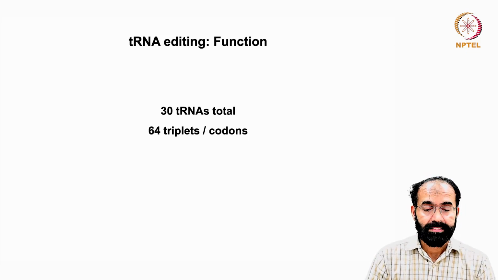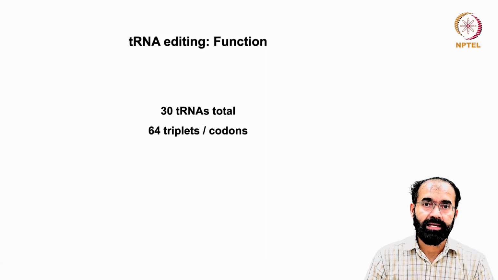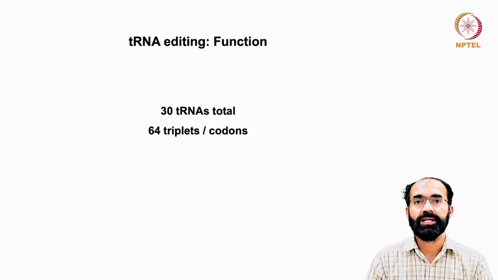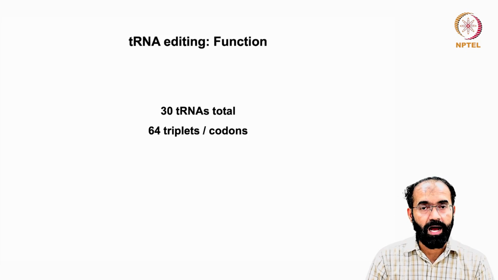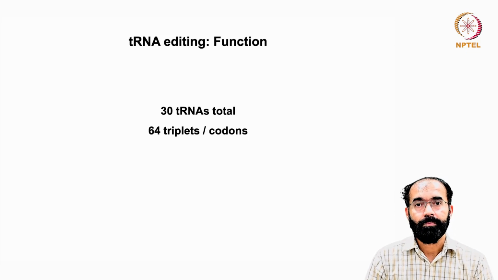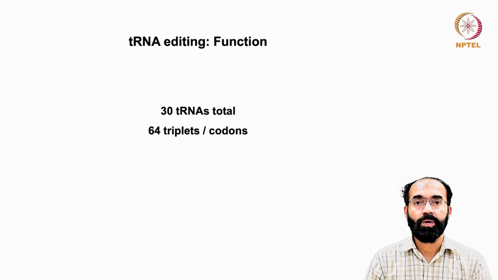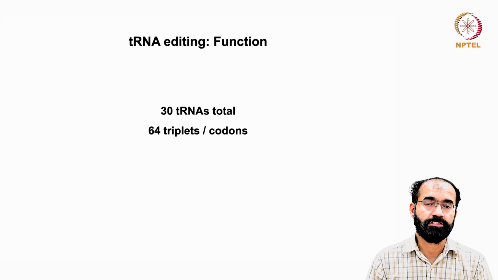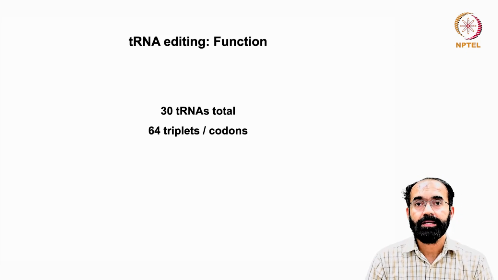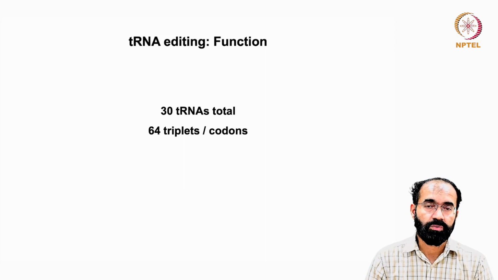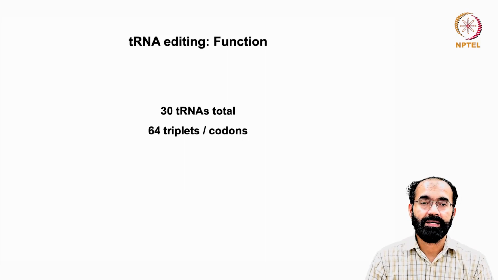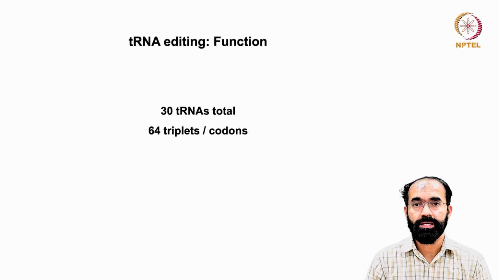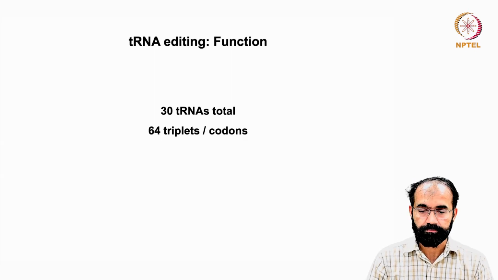So only 30 tRNAs are there. Of course they are sufficient because we have only 20 amino acids. However, the diversity is useful because you have 61 codons that have to be catered to by 30 tRNAs. So this editing capability allows this variation to be brought in effectively.